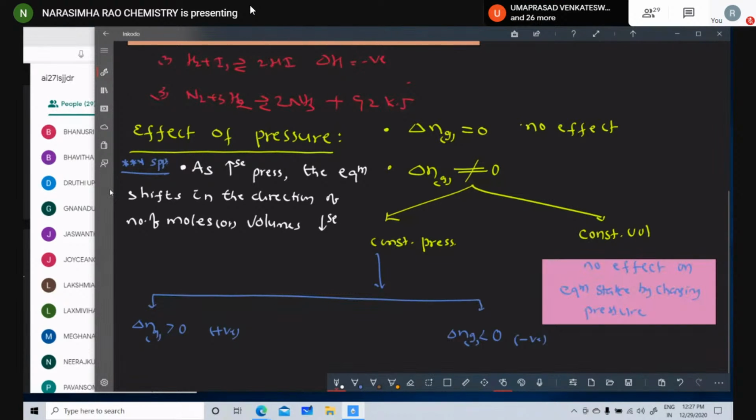If pressure is decreased, the equilibrium shifts in the direction of the number of moles increasing.